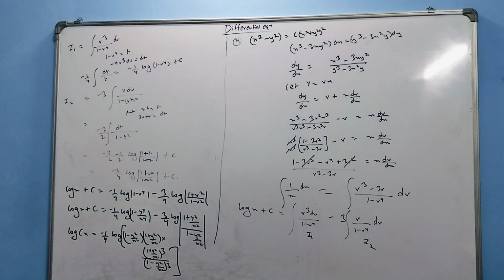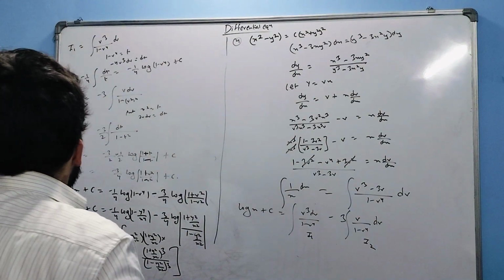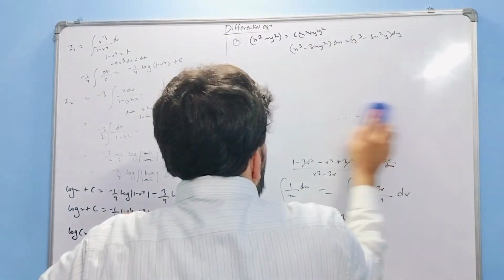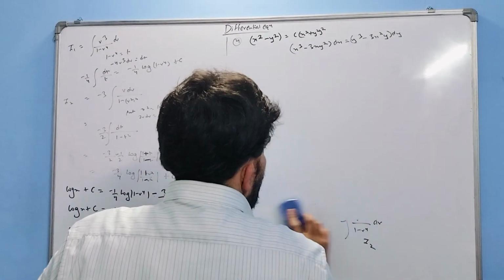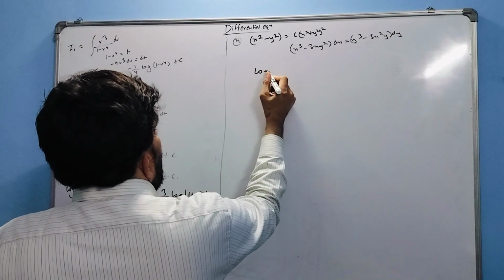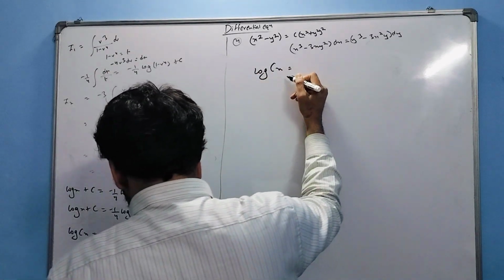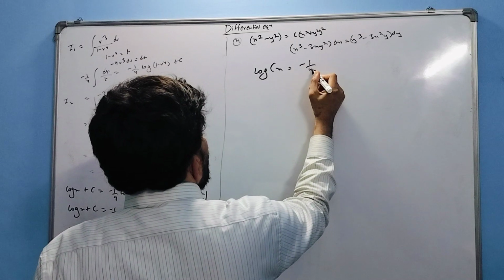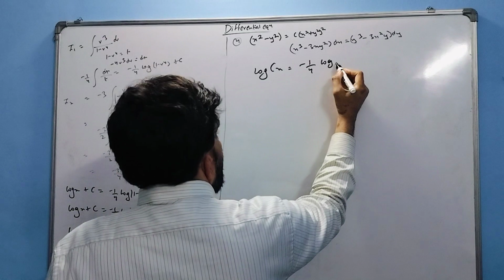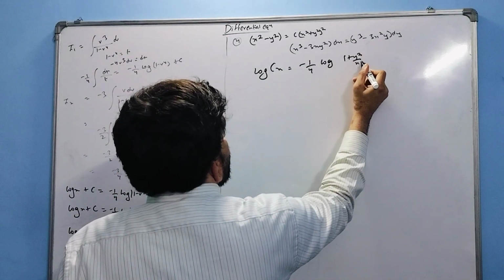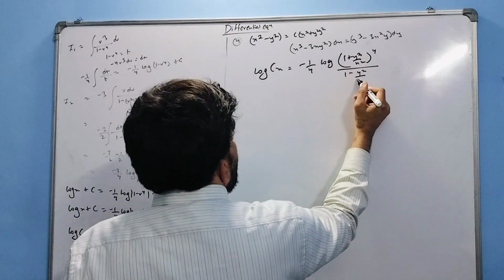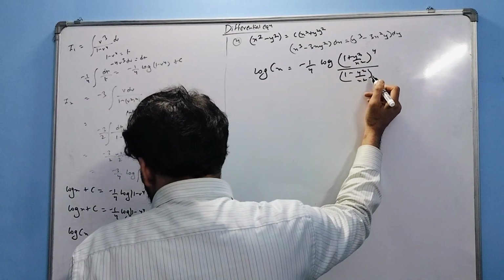Okay, now let's do it further. Now what will happen, we can write log of cx is equal to, it will be reduced, so it will have minus 1 upon 4 log of, it will be reduced by 1 and it will be 1 plus y square upon x square whole 4 upon 1 minus y square upon x square, we have here 3, so it will be 2.